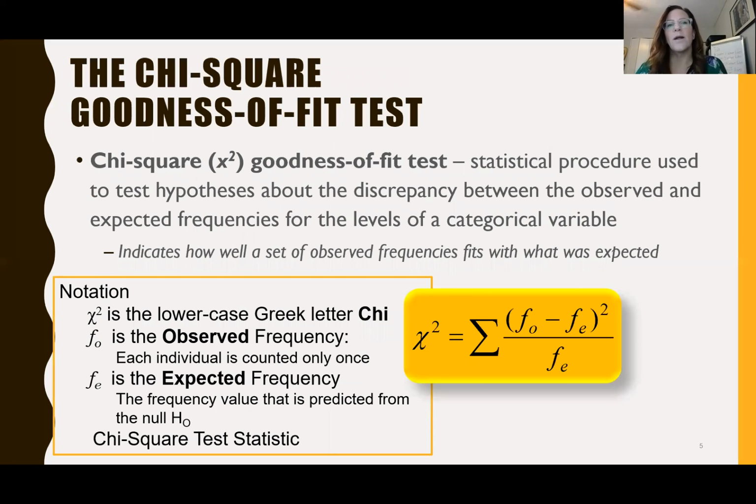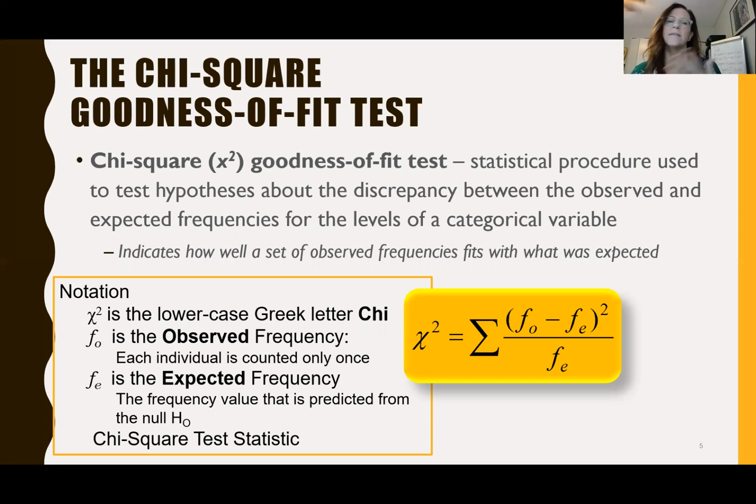With the chi-square goodness of fit, it is just looking at the observed frequencies and the expected frequencies. The expected frequencies are basically our null hypothesis.